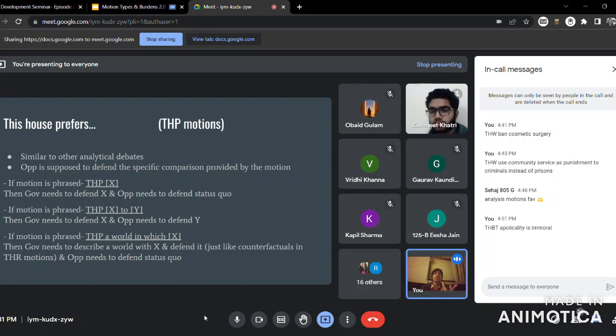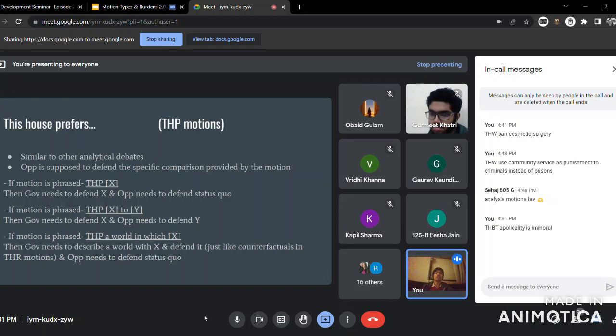For example, there's this motion: this house prefers a holistic education model as opposed to student choice models. A holistic education model is one where the education system enforces that you need to study these different subjects and it's compulsory for you to study those.